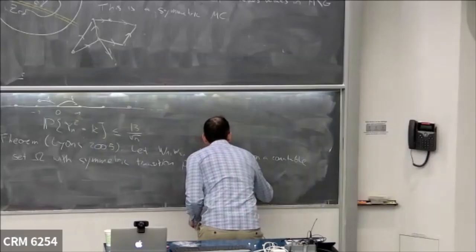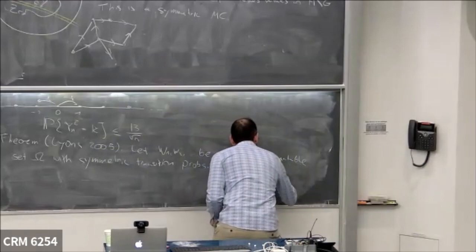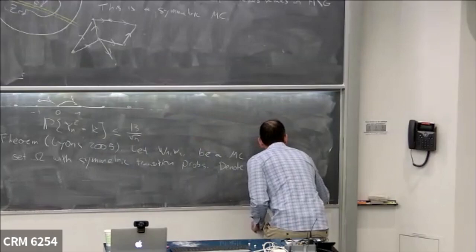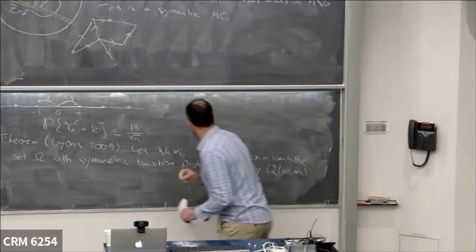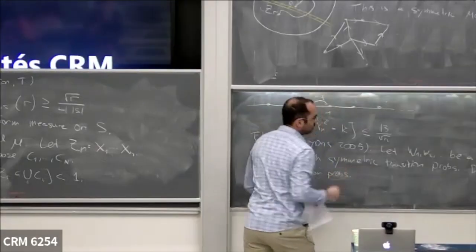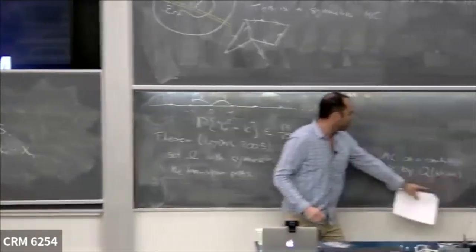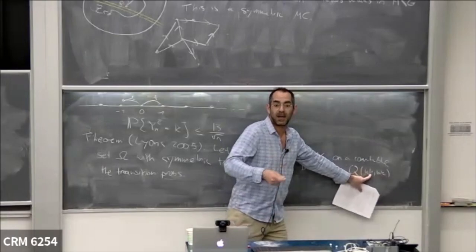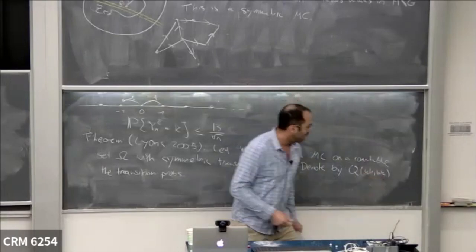Denote by Q of omega 1, omega 2 the transition probabilities. So Q of omega 1, omega 2 is the probability that if the Markov chain is at omega 1 at some time, in the next time period it would be at omega 2.